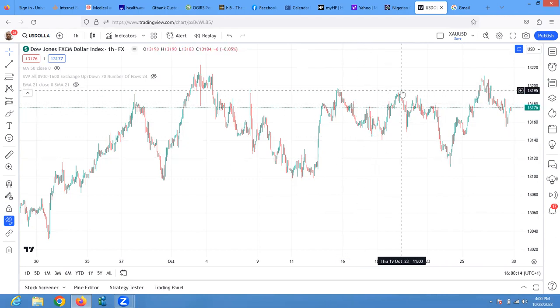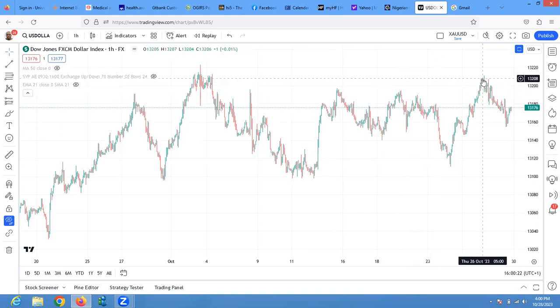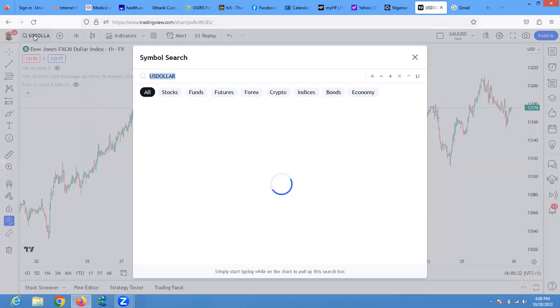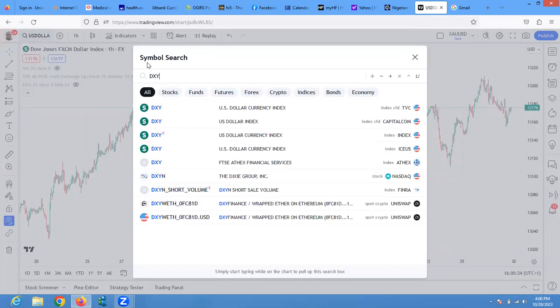What they are trying to do now is go back up to finish the wave to the upside. So we are not in correction anymore. I won't say this one is coming to break this bottom. No, I don't see that. Let's go to DXY so that we don't waste much time on this.